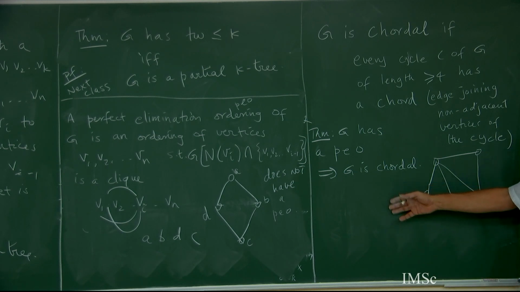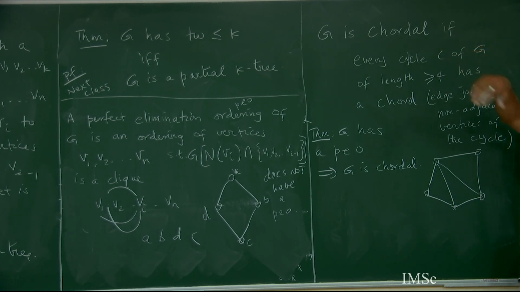Assume not. Suppose you have a chordless cycle, and somebody has given you a perfect elimination ordering of the entire set of vertices. Pick the last vertex of this cycle in that ordering. Because it's a perfect elimination ordering, its neighbors before form a clique, which means the neighbors of that vertex in that cycle must have a chord. So your assumption that it's a chordless cycle is wrong. Okay, so it is a simple proof.